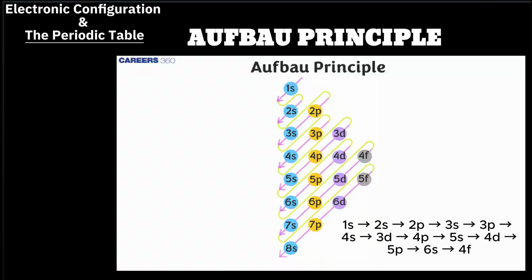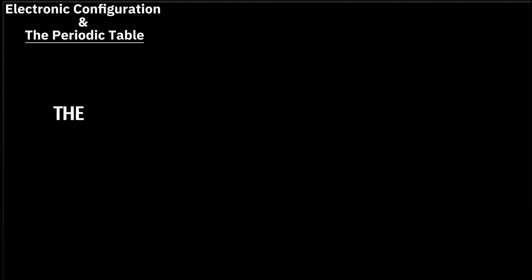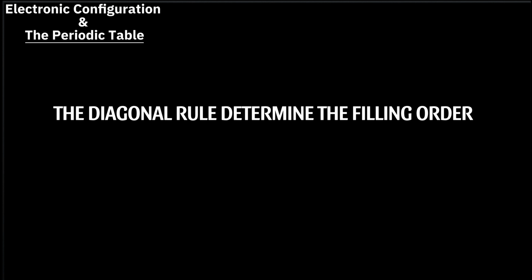When they are arranged in a straight form, you see 1s comes before 2s, 2s comes before 2p, after 2p you have 3s, after that you have 3p, after that you have 4s, after 4s you have 3d, on and on until you get to 4f. The over 100 elements that we have, 103 of them, can be accommodated there.